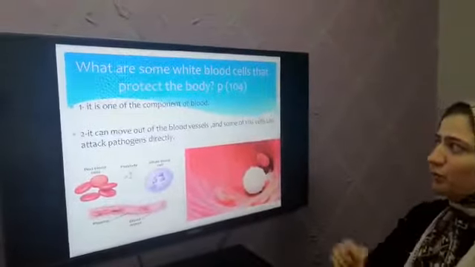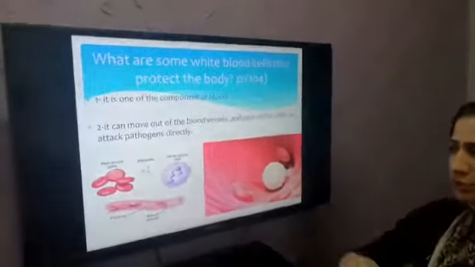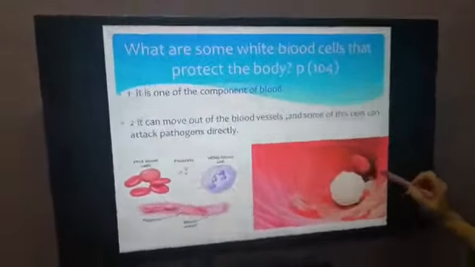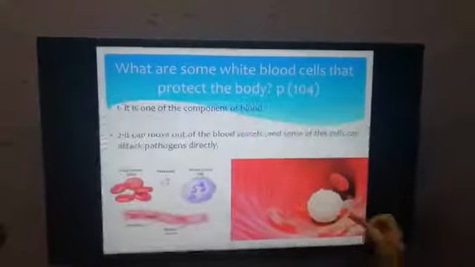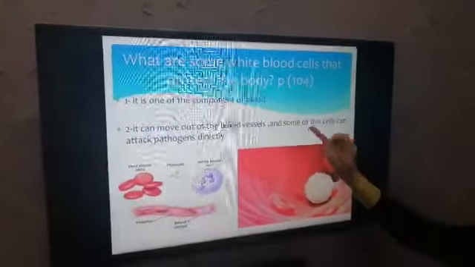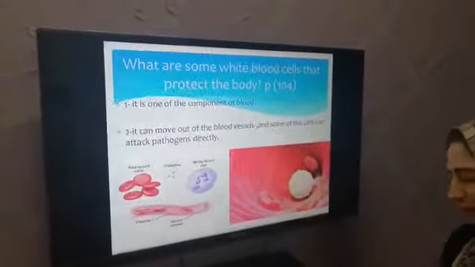So white blood cell is one component of blood. Number 2, it can move out of the blood vessel. This is the blood vessel in our body.